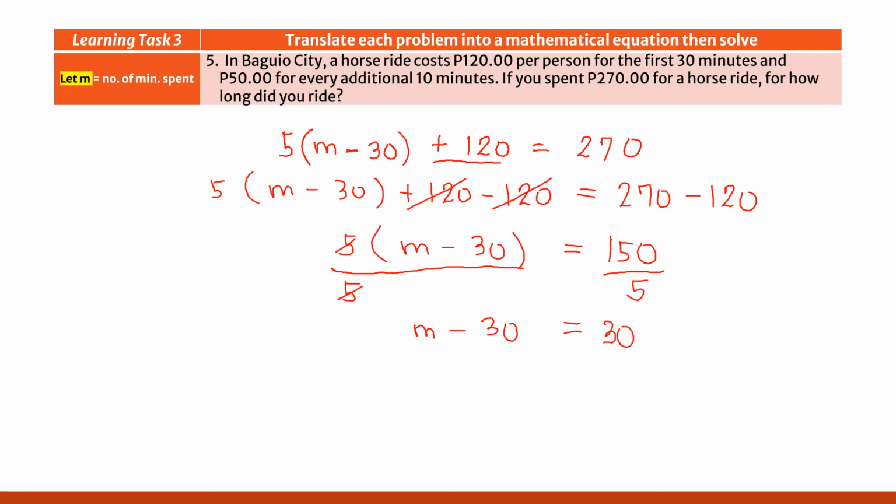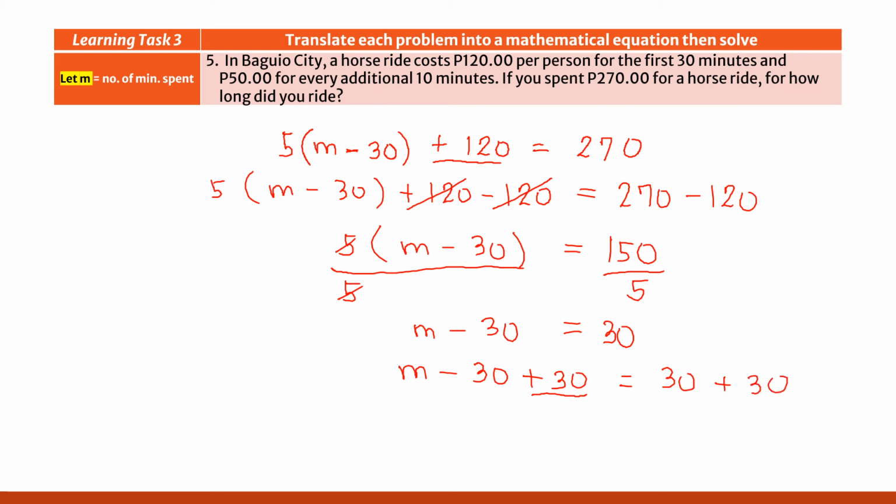Okay? So, m minus 30. Yan. Ang hanap na natin ngayon sa bagong equation ay to look for m. So, para na sa makakuha ang m, ay di solve natin. M minus 30. So, ano ang opposite ng negative 30? Plus 30. So, balik tayo sa addition property of equality is equal to 30 plus 30.